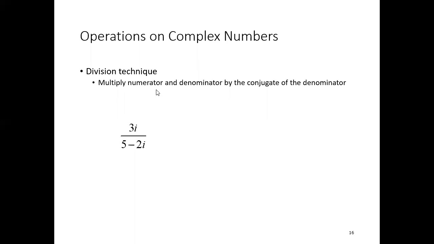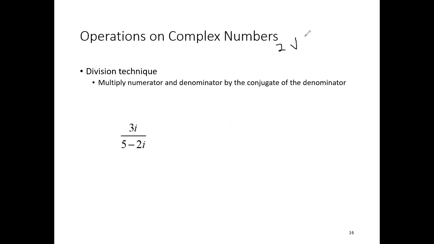When it comes to division, if I ask you to simplify 3i over 2 minus 5 minus 2i, we'll treat it like we are working with surds.